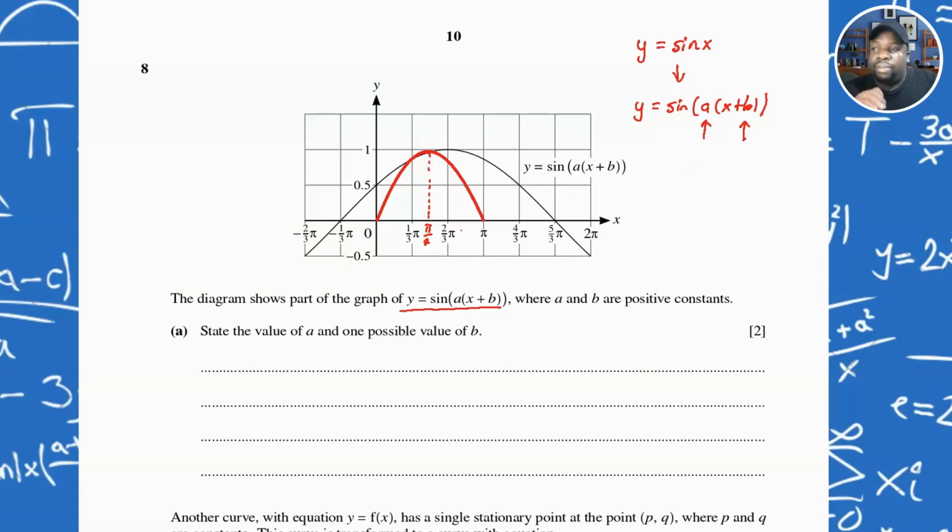All right, so we are first focusing on the horizontal transformations. Let's start with the fact that the graph of sine of ax plus b is now wide, this wide, from its intercepts with the x-axis.